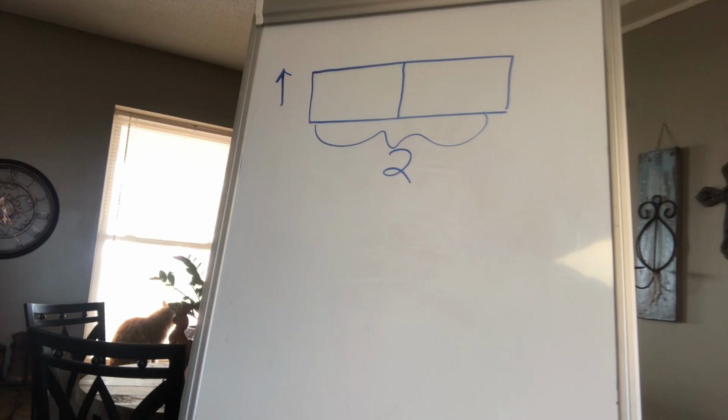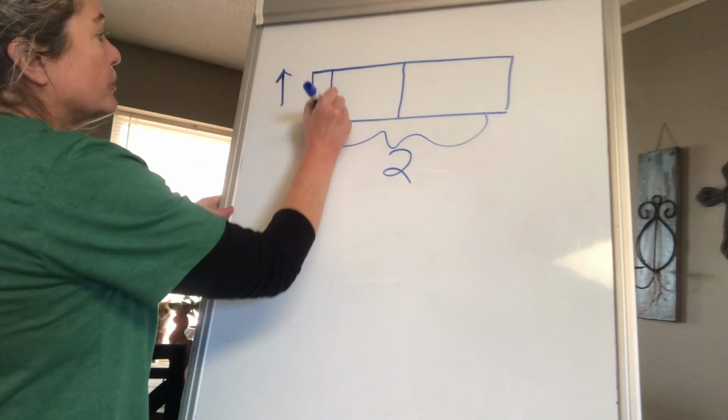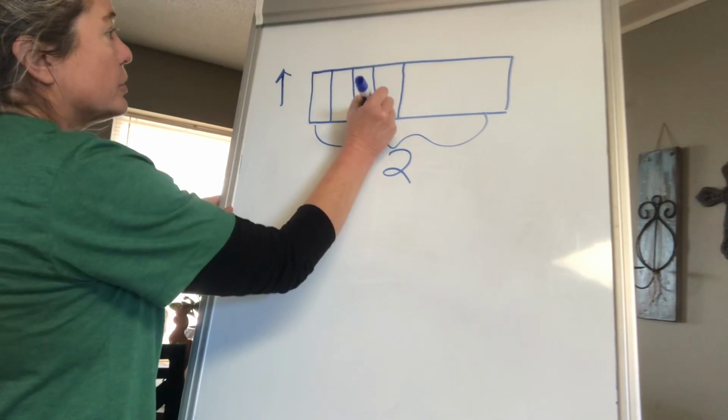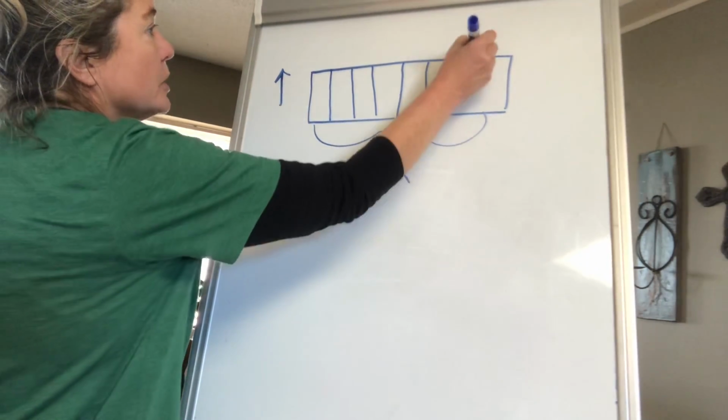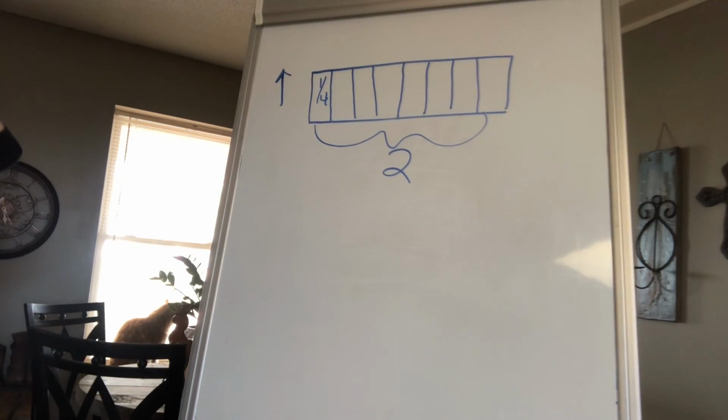And then I know that if each pound was being divided into fourths, so I would have 1, 2, 3, 1, 2, 3. So now each one is divided into fourths. So there's our diagram.